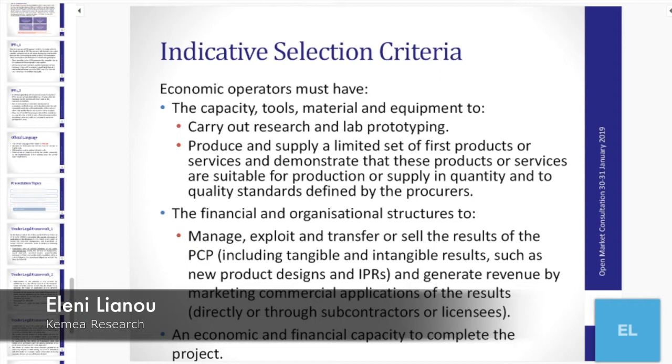They need the financial organization structures to manage, exploit, and transfer or sell the results of the PCP, and generate revenue by marketing commercial applications of the results. And of course, economic operators must have the economic and financial capacity to complete the project.